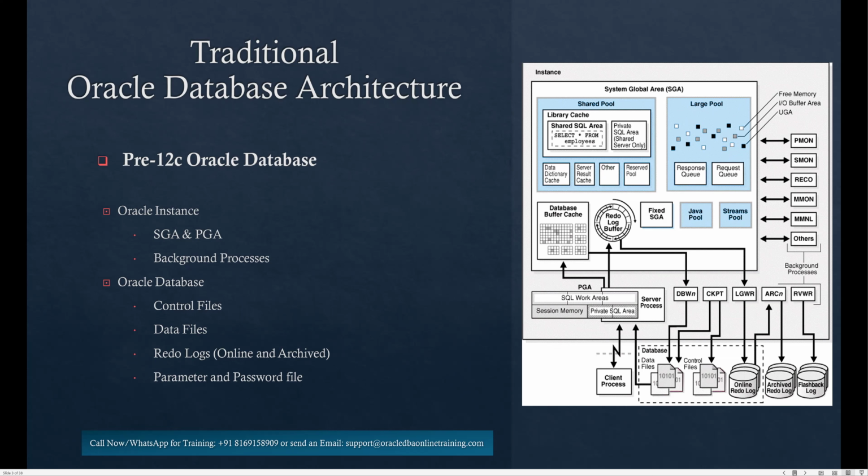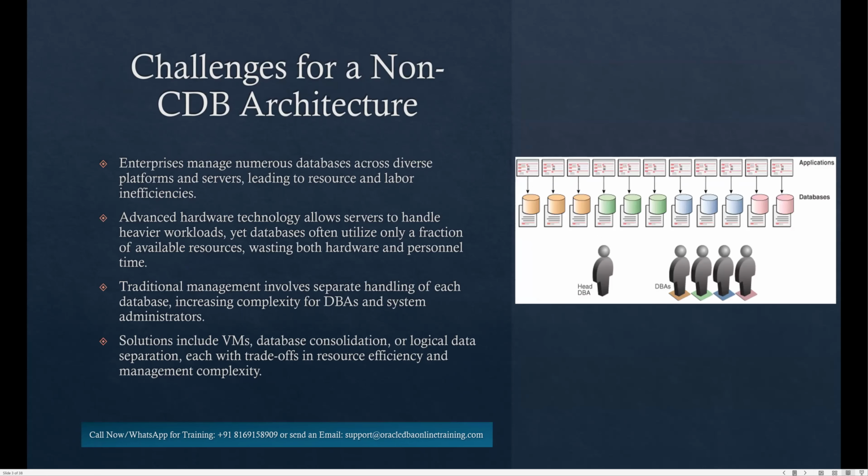In previous versions like 11G, 10G, we don't have the feature for Oracle multitenant architecture. This diagram is just to give a brush-up about how the previous versions of Oracle database looked. Even though this architecture is still valid for 12C and 19C databases, since we are looking from the container database point of view, this is an old traditional database architecture.